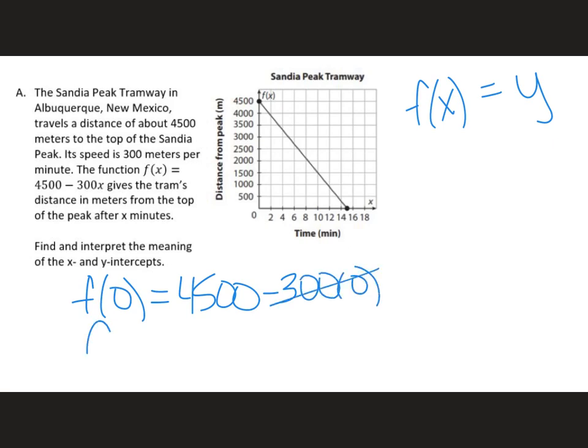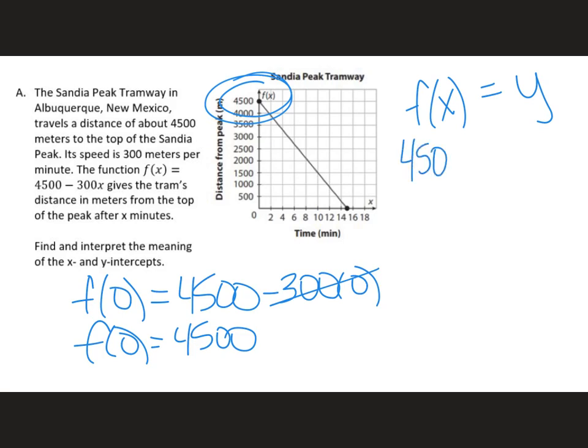That's not going to do anything, so f(0) would just be 4,500. If you're looking at your graph, you can see your y-intercept there at 4,500. That is going to be the place where the tram begins at the top of the peak. So that's the top of the peak, and then it would travel down.